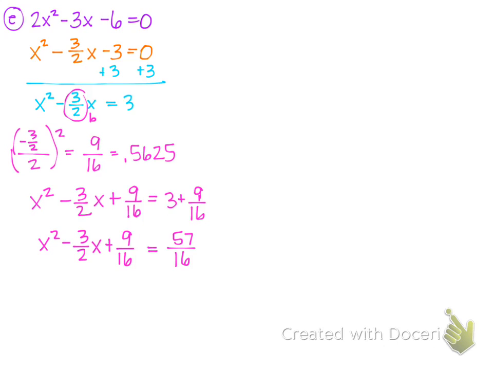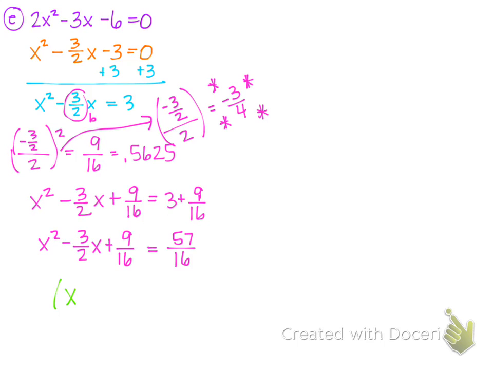So what we have here, how this factors, is we're going to have x, and then when we divide b by 2, before you squared it, you get negative 3/4. So that's what we're going to use right here.